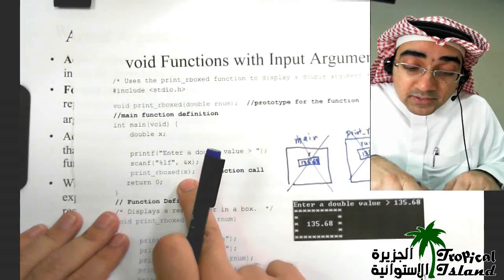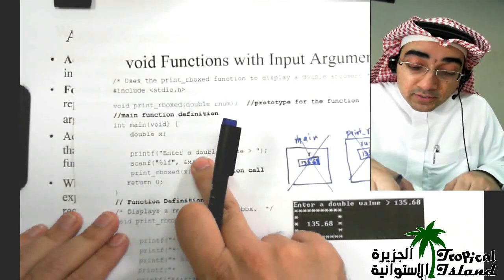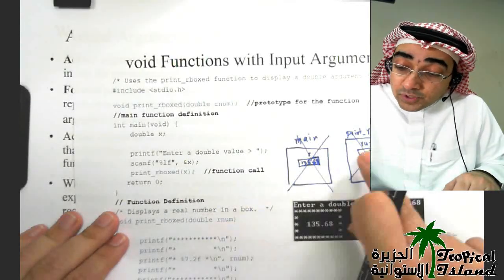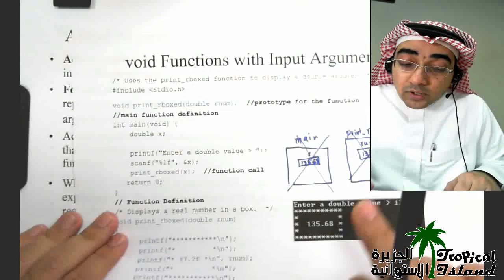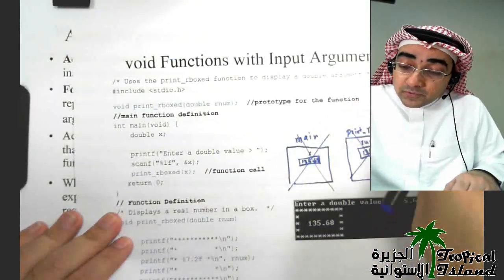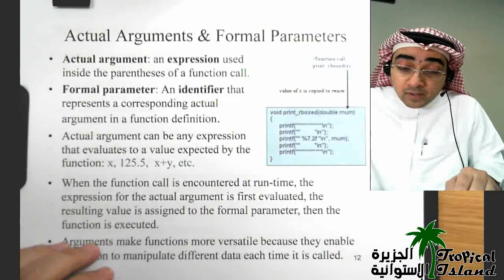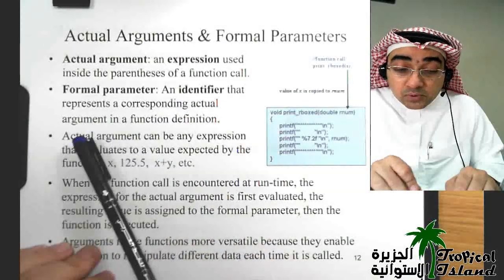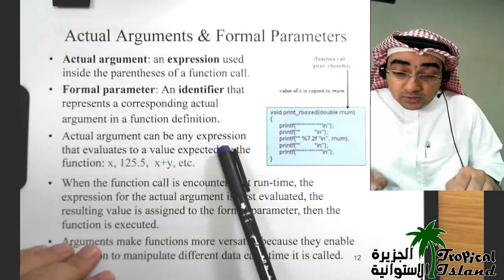The actual argument is x, and it takes the value that the user entered, and we're going to pass it to the formal argument rnum, which is in the second memory, so that the print rbox function can actually work on it. The formal argument is an identifier that represents a corresponding actual argument in a function definition.